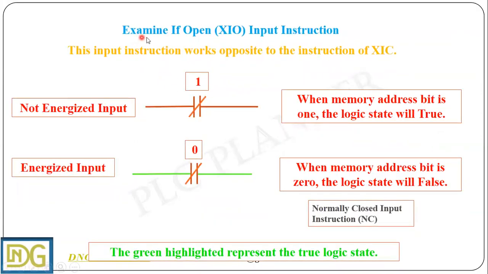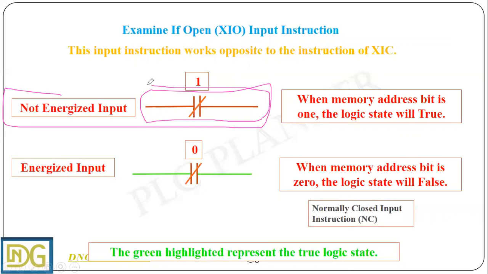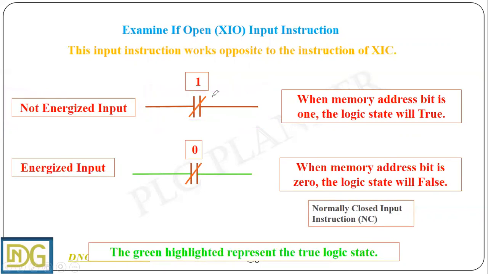In the next slide, we have the examine if open, XIO, input instruction. Before this slide, we discussed the examine if closed input instruction, and in this slide we have the XIO input instruction. This is what it looks like. When not energized, this input instruction works opposite to the XIC instruction.